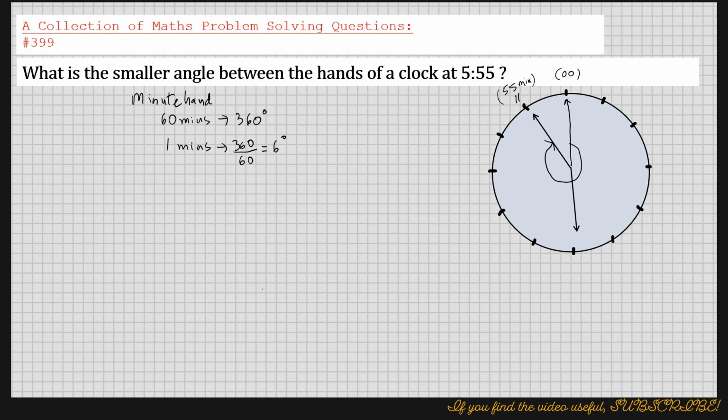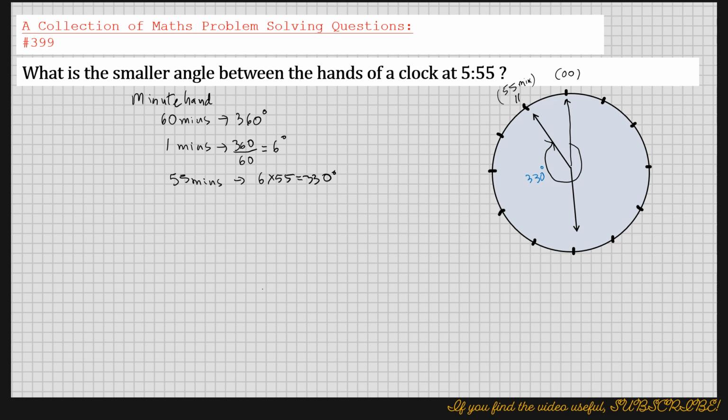Therefore, when it is 55 minutes, it will have done 6 times 55, that is 330 degrees. So this angle is 330 degrees.